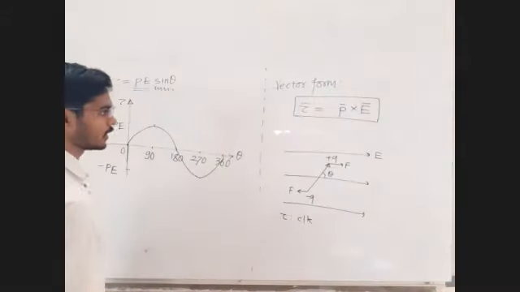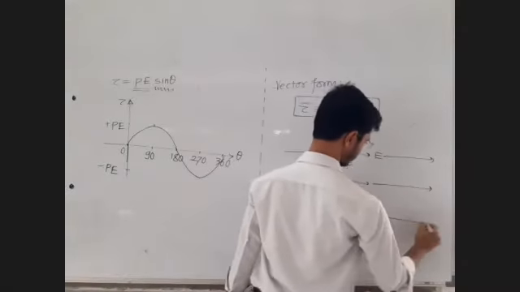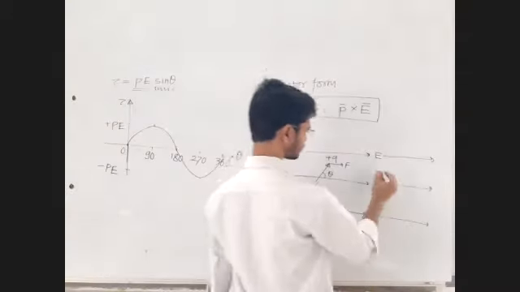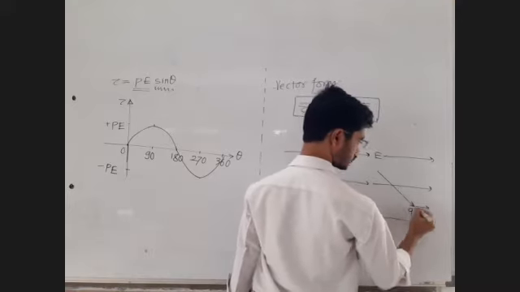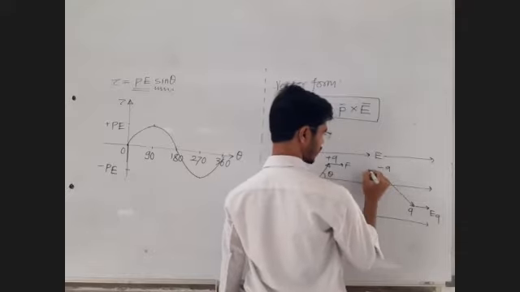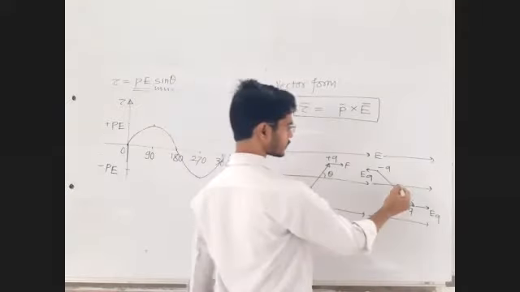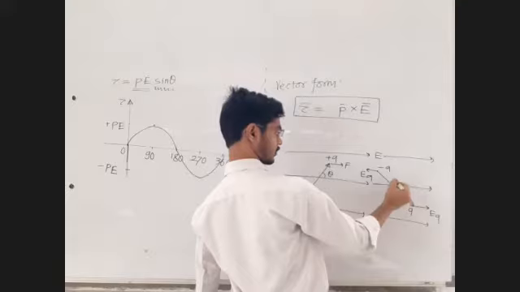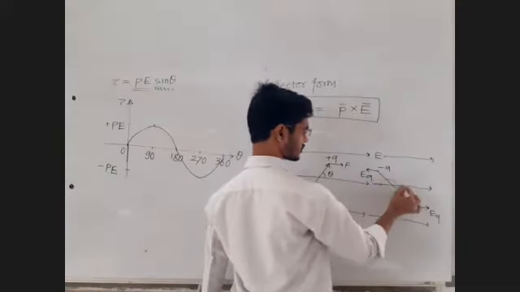Now let's have the next system. Let me extend the region of electric field. Now let me draw the dipole like this. Positive charge will experience force in the direction of electric field. Negative charge will experience force opposite to the direction of electric field. For this orientation, you can have this value of theta, the whole angle, or the smaller angle also, no issues.